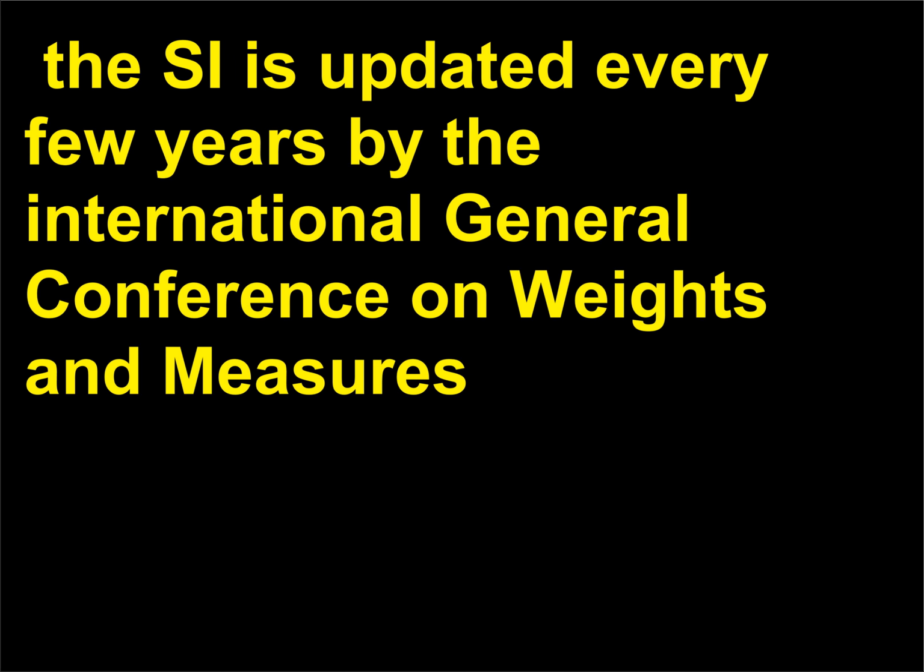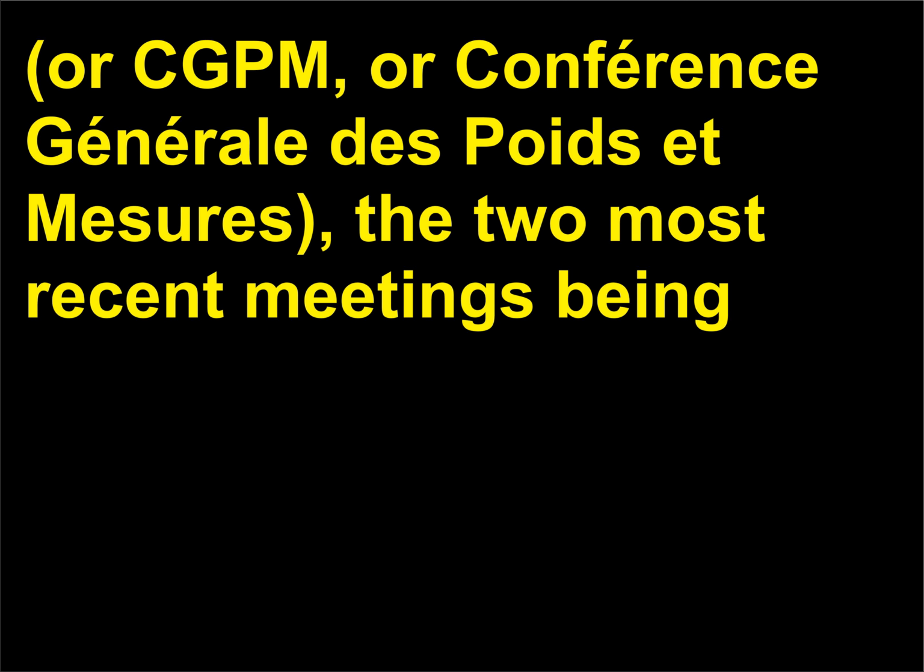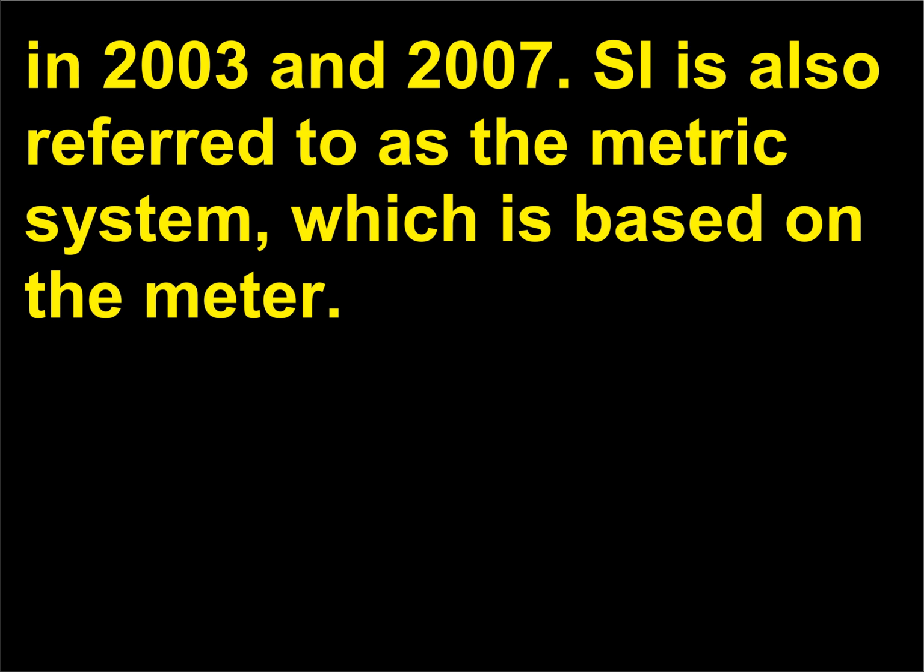The SI is updated every few years by the International General Conference on Weights and Measures, or CGPM, or Conférence Générale des Poids et Mesures, the two most recent meetings being in 2003 and 2007.